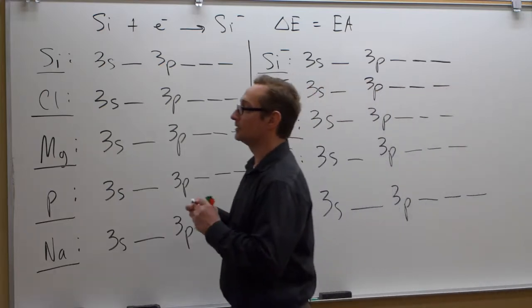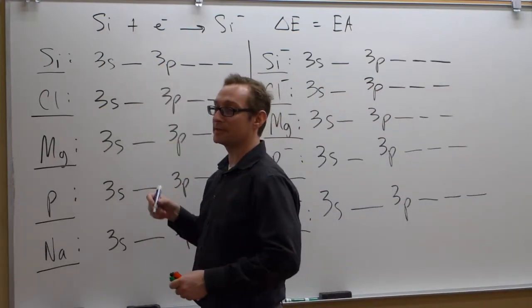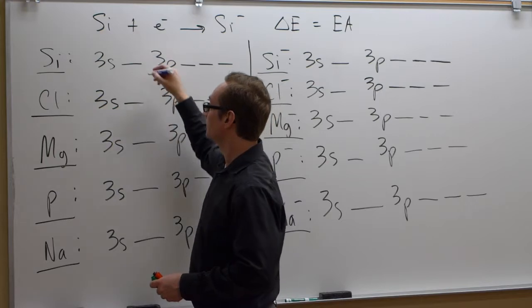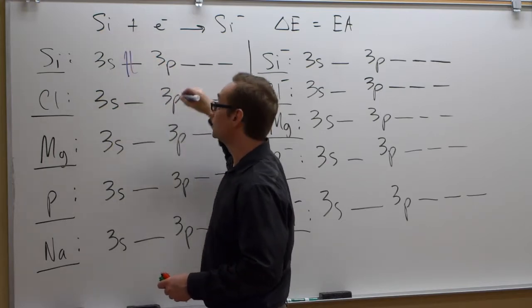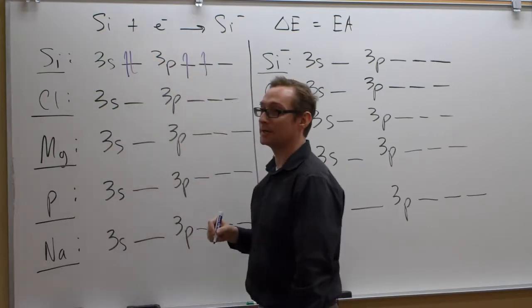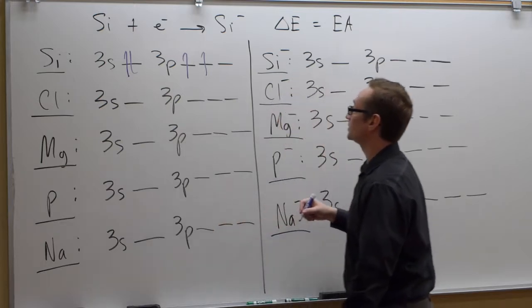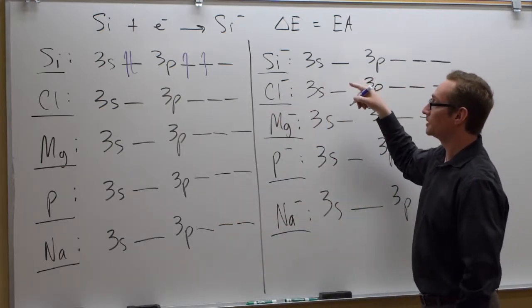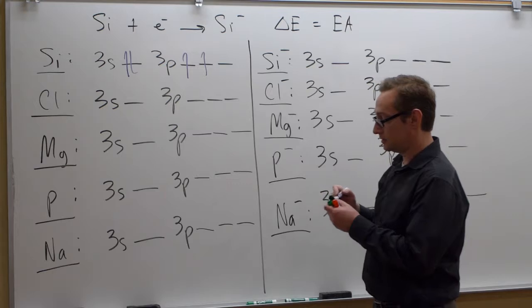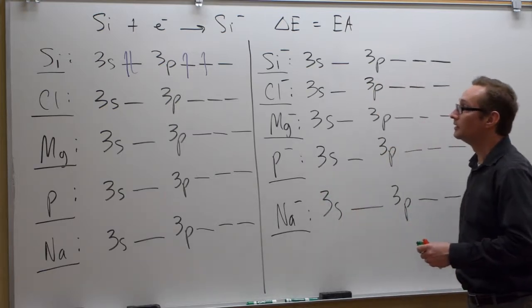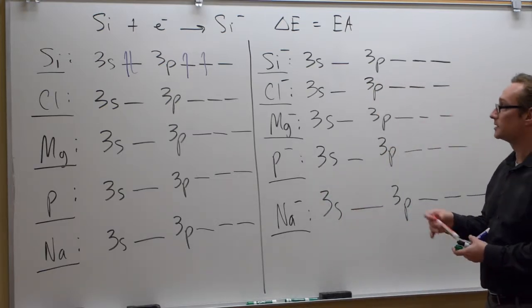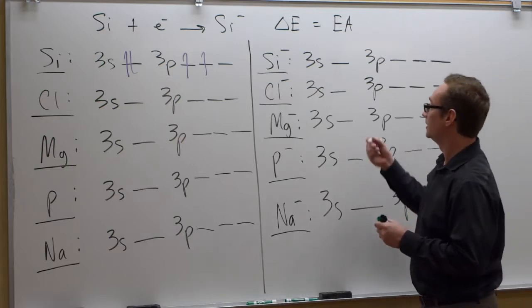So we look at silicon. Okay, how do I fill this in for silicon? 3s2, 3p2, right? Okay, and then silicon after is going to be minus, it's going to have a 3p half shell, right?